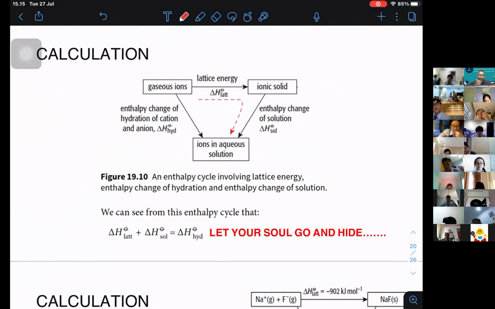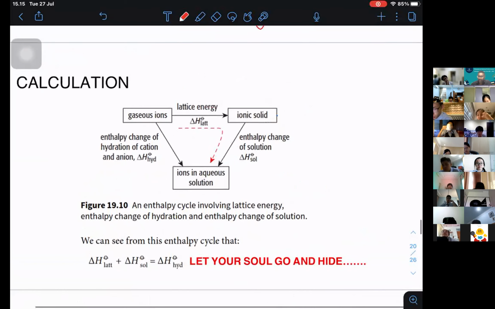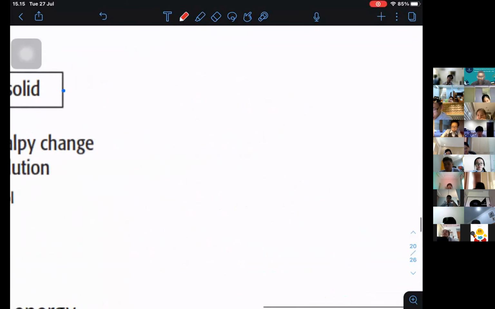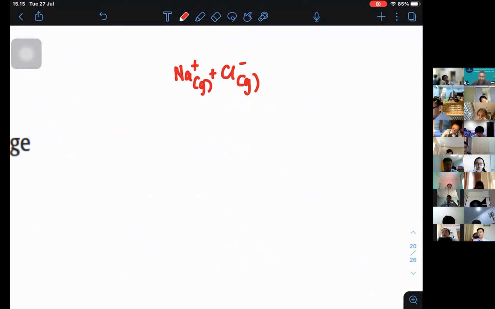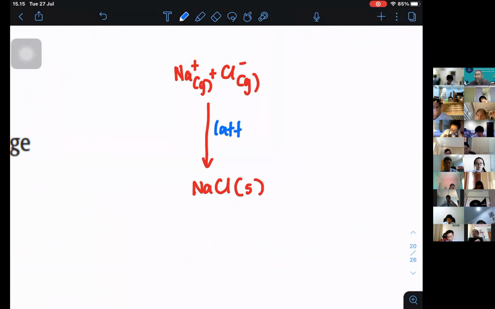If you look at the relationship between them, I told you everything can be joined together. If you look at the gaseous ions, for example Na+ and Cl-, they are gaseous ions and they form NaCl, which is solid. I think everyone should know this already, this is your lattice energy.